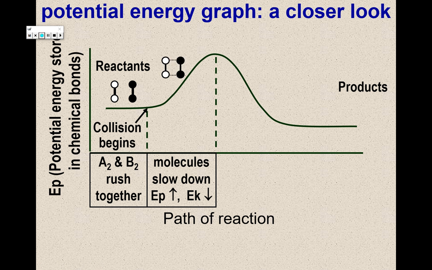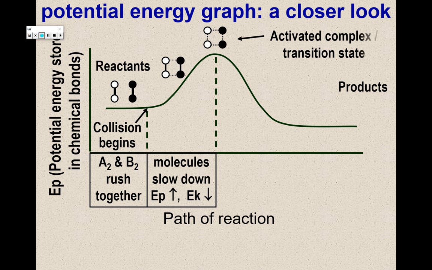And then, let's say they start to hit each other. Maybe they're going to hit here. Okay? We don't really know. It's a theory based on observations. Then the bonds start to break. So visually, now they're all dotted lines. At the top of the potential energy diagram is the substance that has the highest amount of energy, right? It's at the top of the peak, so we call that the activated complex.